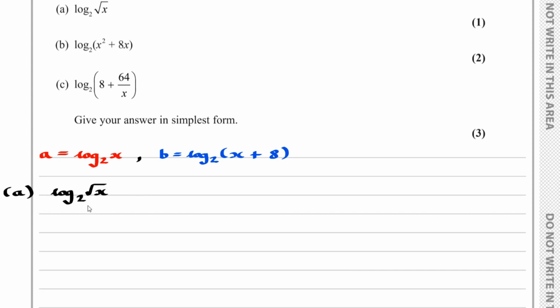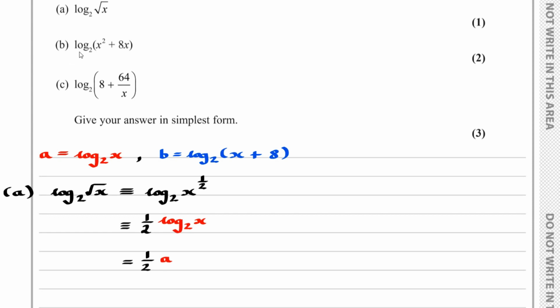If we have log base 2 of square root x, what this is equivalent to is log base 2 of x to the power of 1/2. And so if we use the power law of logs, what this is equivalent to is 1/2 multiplied by log base 2 of x. And log base 2 of x is a, so we end up with 1/2 a.